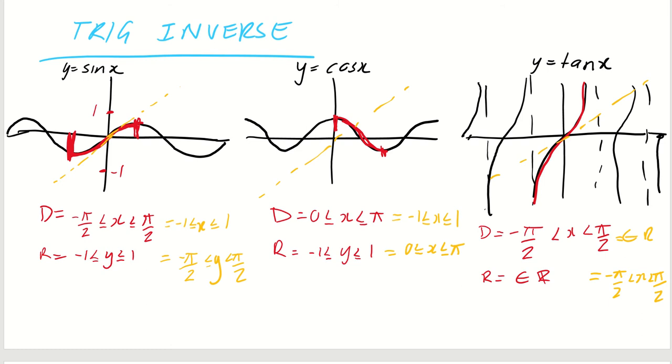Which means that when I flip it along this line, think about what that's going to look like. Okay, so if my range is at pi on 2, it's going to be up here. And then my domain is at 1 now. So now we've got to somehow draw this flipped over to look like that.